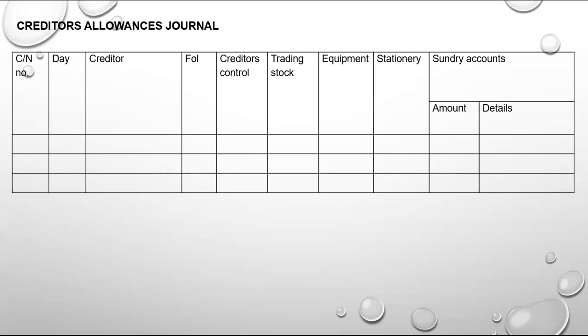The source document here will be DN56. Date will be the 22nd. Credit will be KK suppliers. Under creditors, you'll have 322, and it was for trading stock, which is 322.